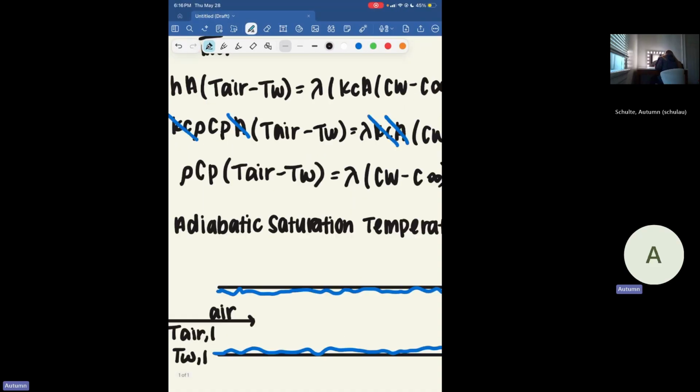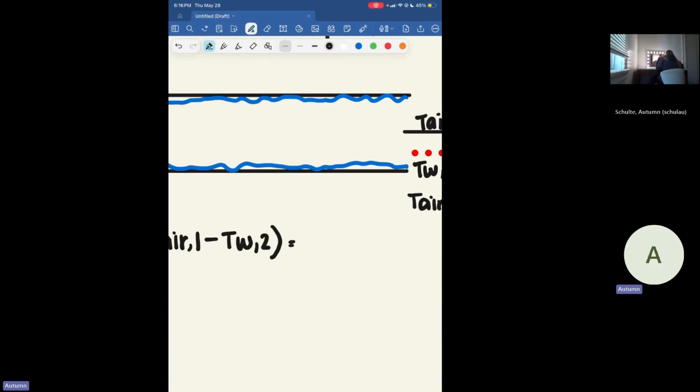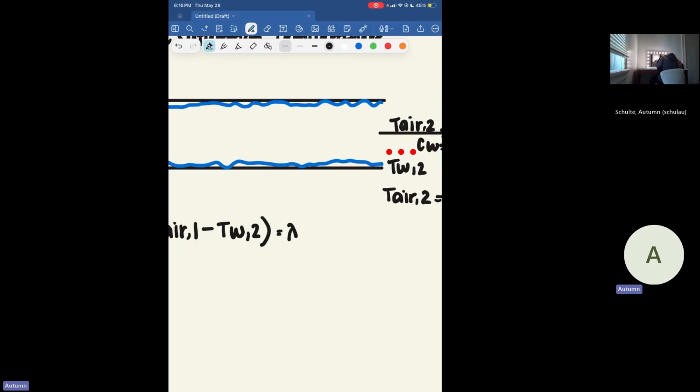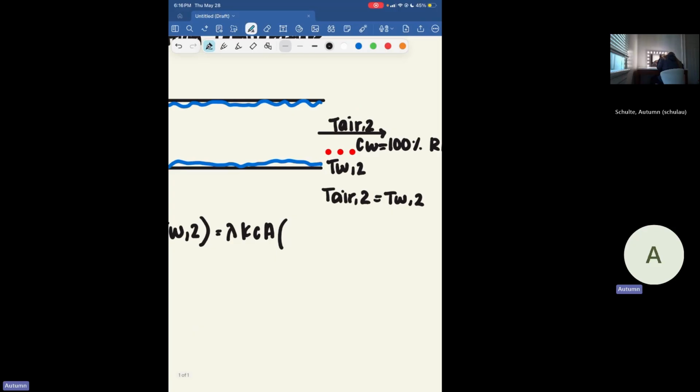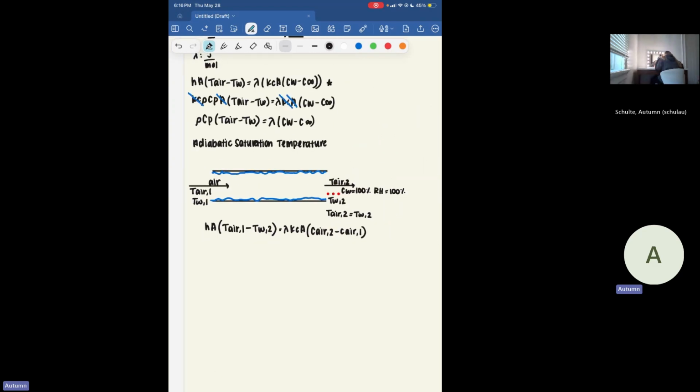This is equal to, again, our enthalpy of vaporization because we need that proportionality constant, multiplied by the mass transfer coefficient, multiplied by the area, multiplied by our change in our concentrations. And this is going to be the concentration of air leaving minus the concentration of the air that is entering.